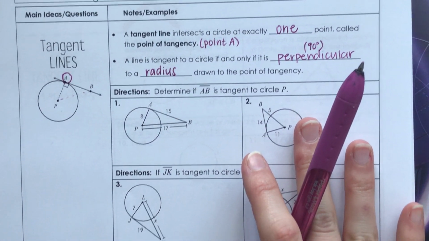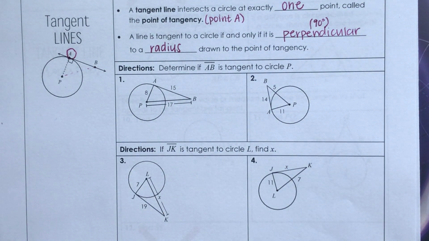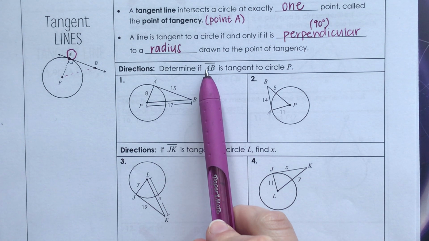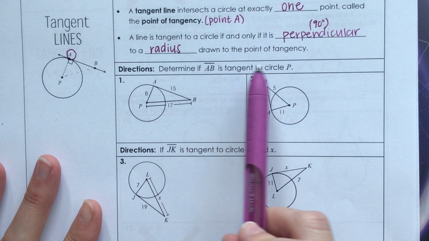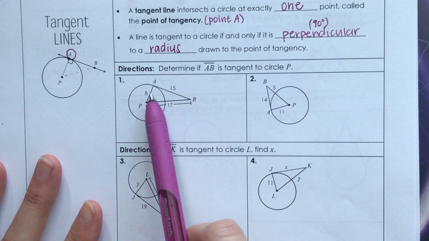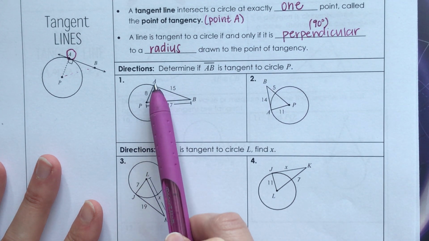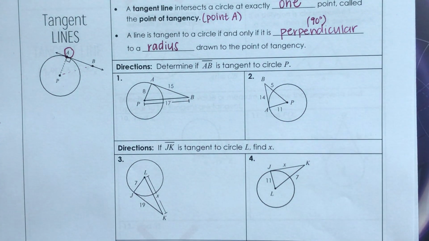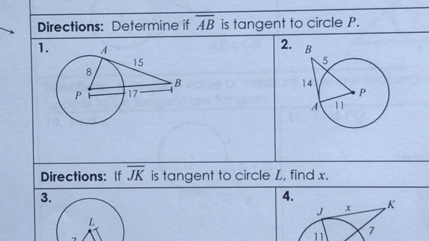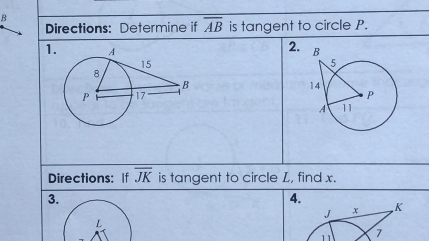So for each of our problems here, we're going to determine if line segment AB is tangent to circle P. In order to be tangent, this line A to P has to be a right angle. And if it's a right angle, I can use the Pythagorean theorem to solve for the side lengths.